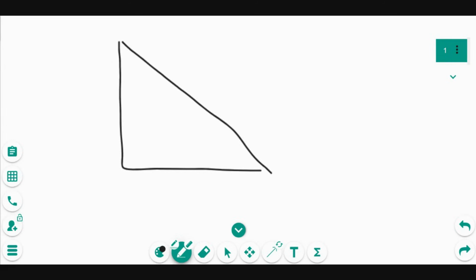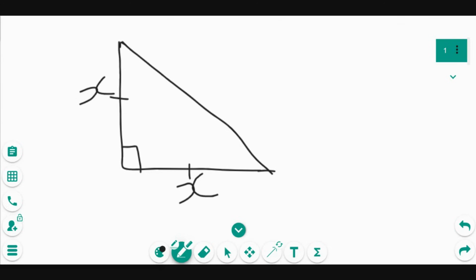Imagine a right angle triangle where two sides are equal. Now, in a right angle triangle, this angle here is 90. So I'm saying these two sides are equal, and so I can assign them the same length, any length, which is the same. If that is x, this is also x.